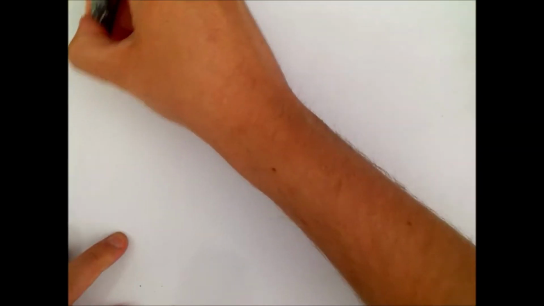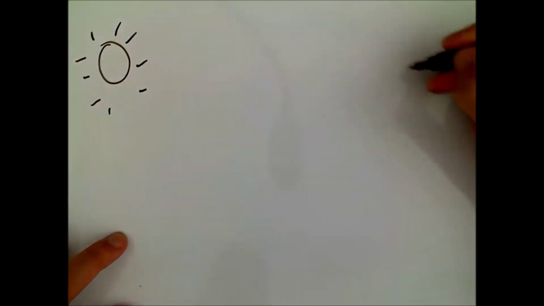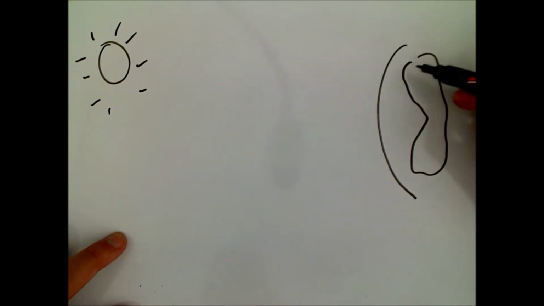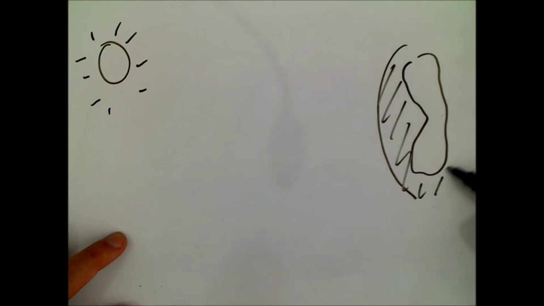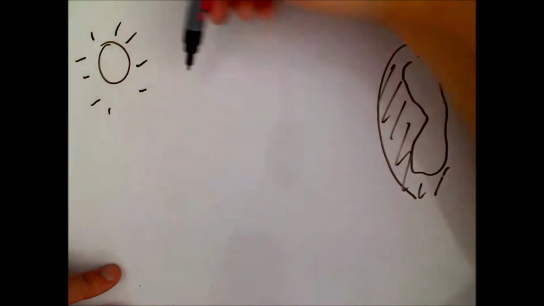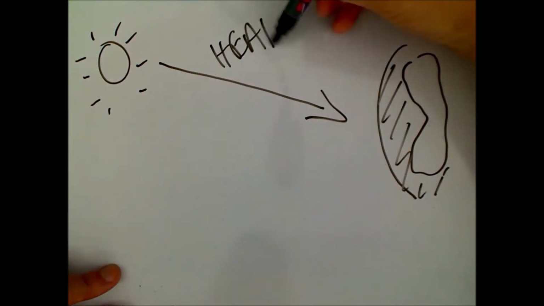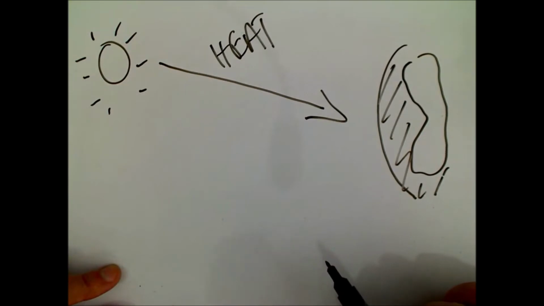So let's think about how heat from the sun on those hot sunny days gets all the way through space to our planet on Earth. Now, all the methods we've talked about so far, we've zoomed in and looked at different particles and how the particles transfer it. But in the vacuum of space, there are no particles to transfer that heat. So there's got to be another way for that heat to get to the Earth.